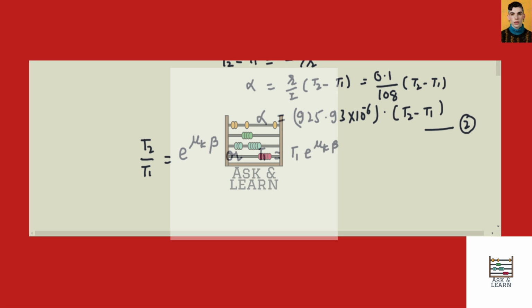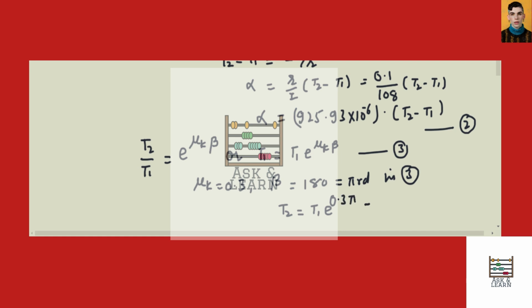Mu k is given 0.3, beta is 180 degrees or pi radian. Substituting in equation 3, T2 is equal to 2.5663 T1. This is equation 4.